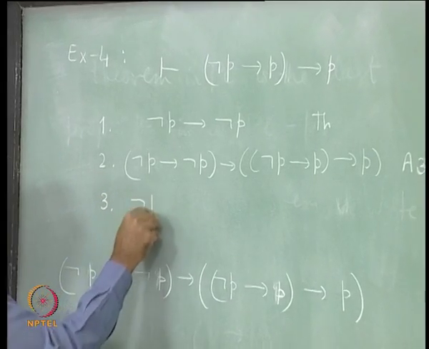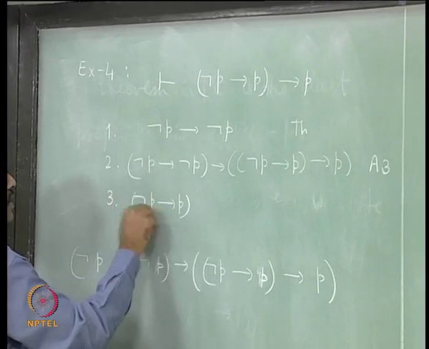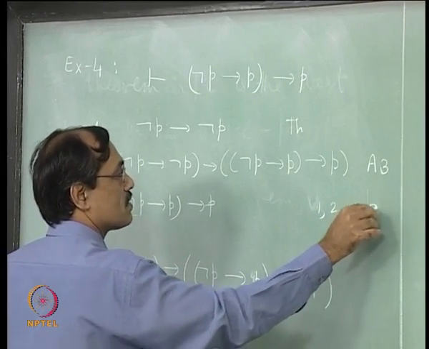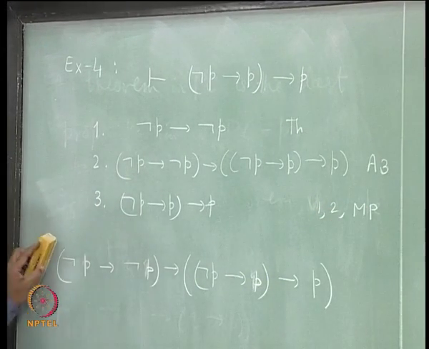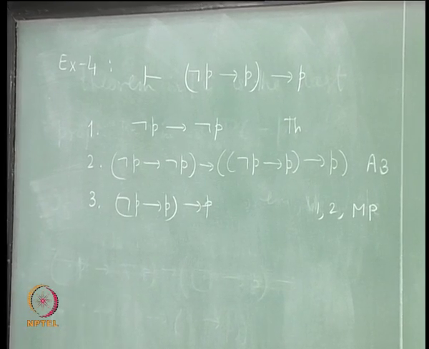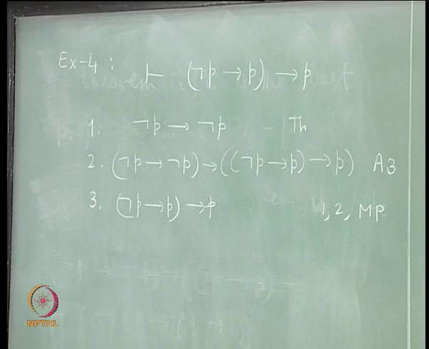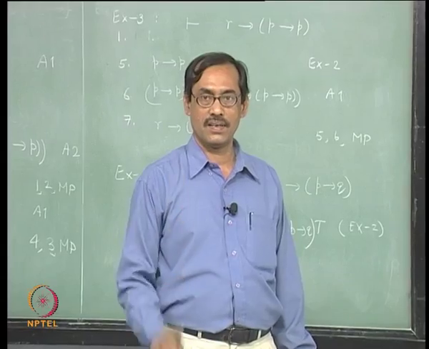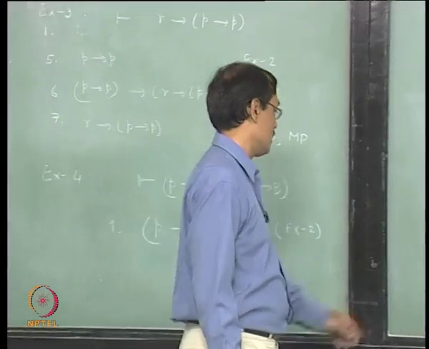Next, not P implies P implies P, 1 2 modus ponens. That is the end of the proof. Okay, done. We will go to the next.